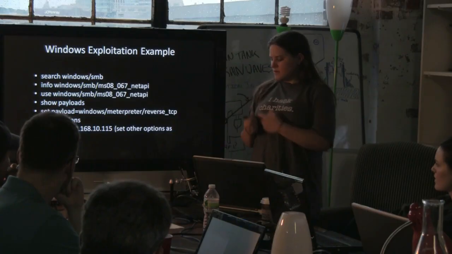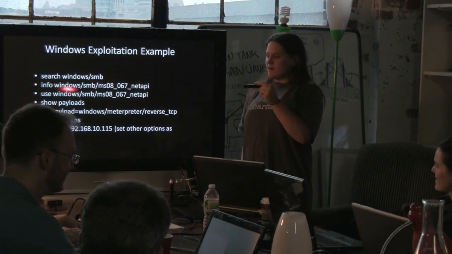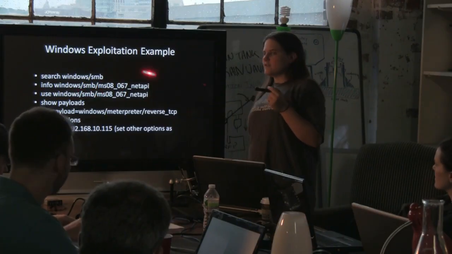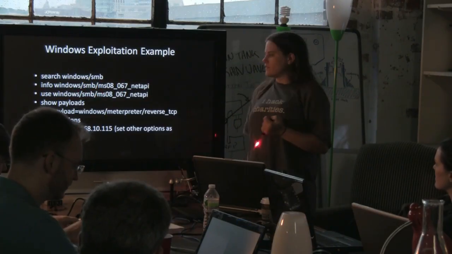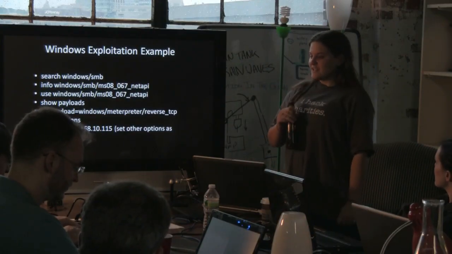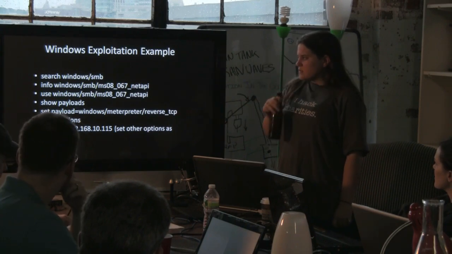I choose the one I want, MS08-067 NetAPI. If there was any vulnerability you ever wanted to discover, that would probably be the one, because everybody uses it in their demos because it's very, very stable. And that's the one we're going to use.